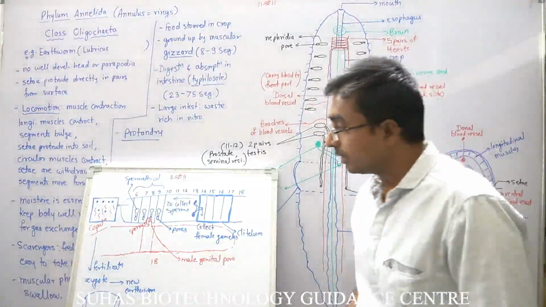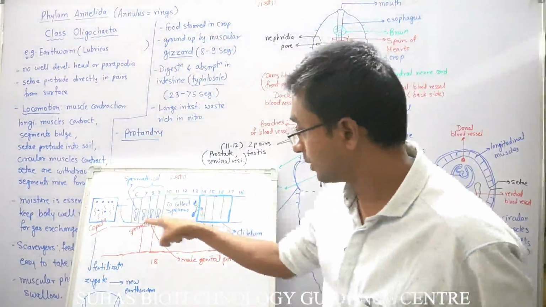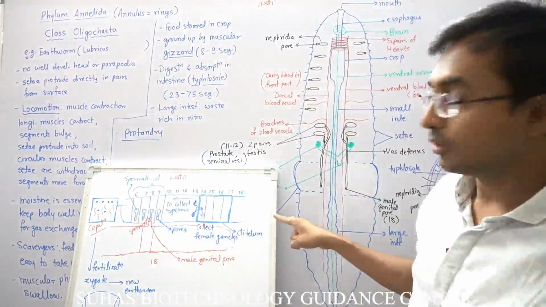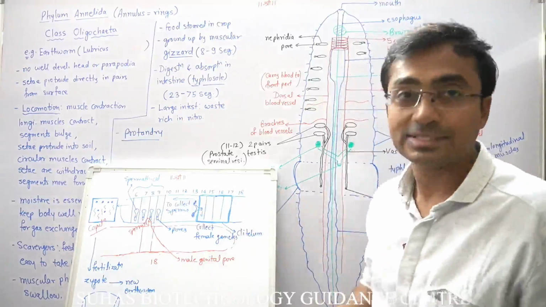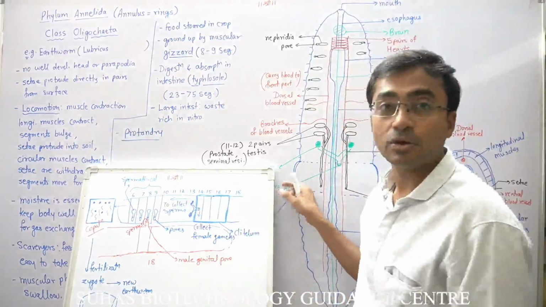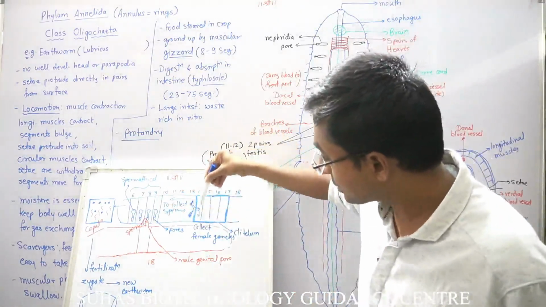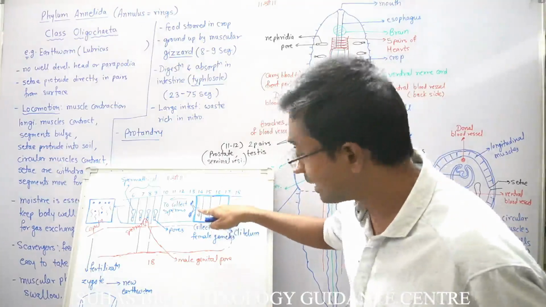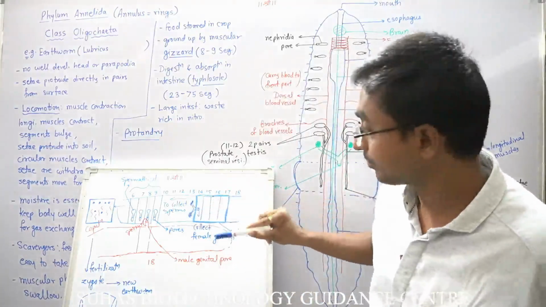Now you can see here that this is one earthworm, and as we have discussed, an earthworm is a bisexual organism. In this part of its body you can see the 14th segment, which has the female genital pore, and these are the ovaries.